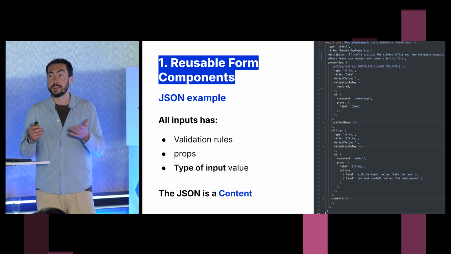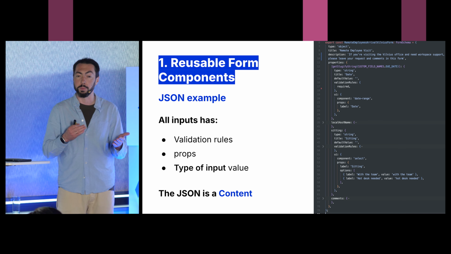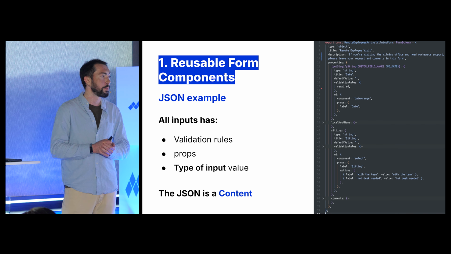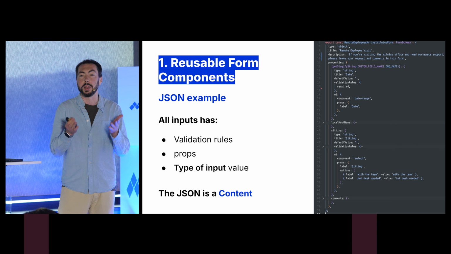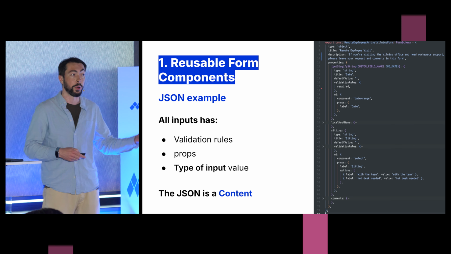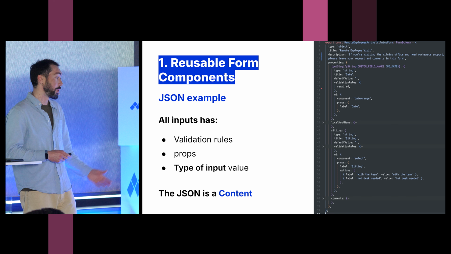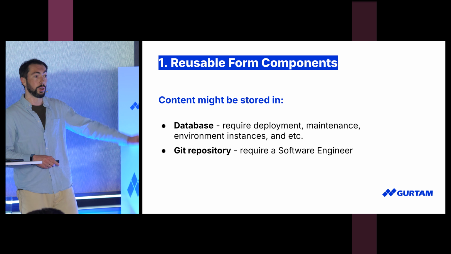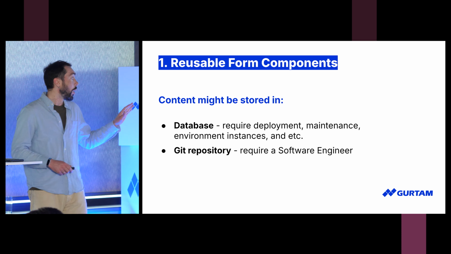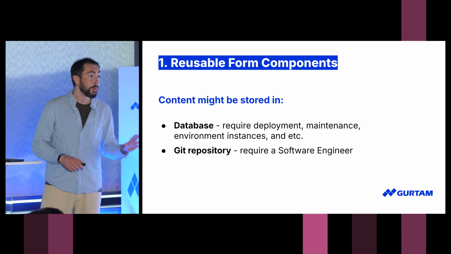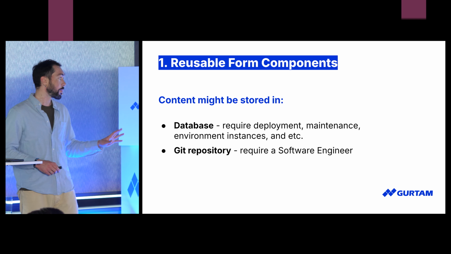The type of input is just a string that I use for rendering the correct custom input that I created before. Pretty simple, but keep in mind, JSON is content for us, where we can store our content.